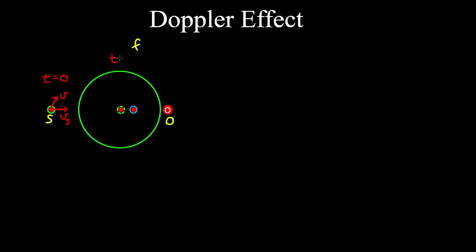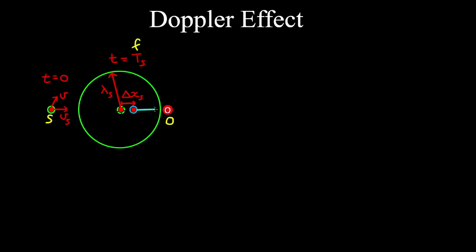Now at a time equal to the period of the wave, this wavefront has propagated a distance of lambda s, and the source has displaced a distance of delta xs. And at this time, another sound wave starts to propagate from the source.